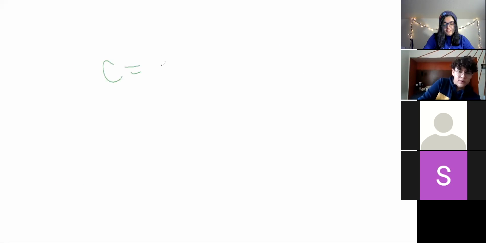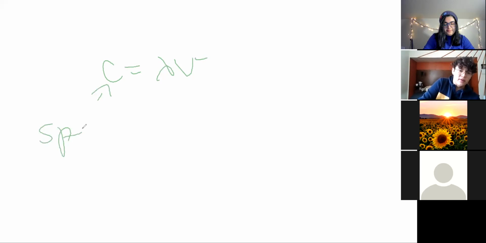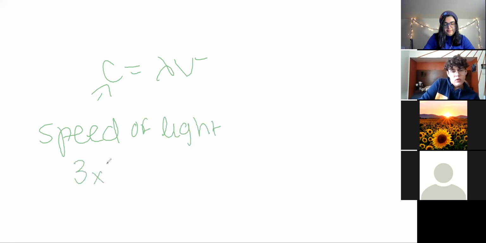So what does C stand for in this case? Speed of light. Can anybody tell me the units of speed of light? 3.0 times 10 to the 8th power meters per second, right?